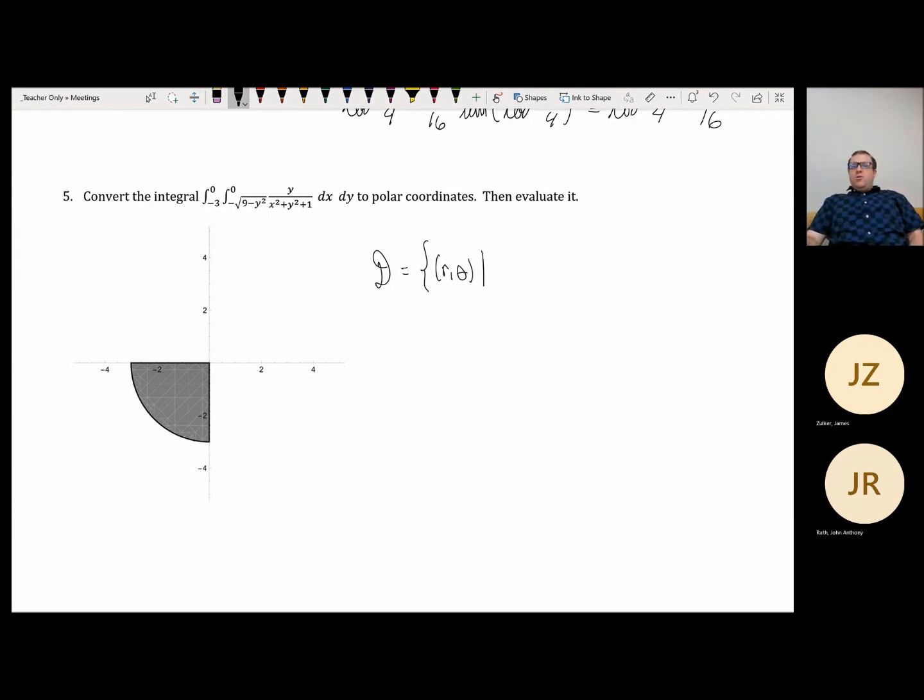Write that as a polar region. R goes 0 to 3, doesn't it? What about theta?